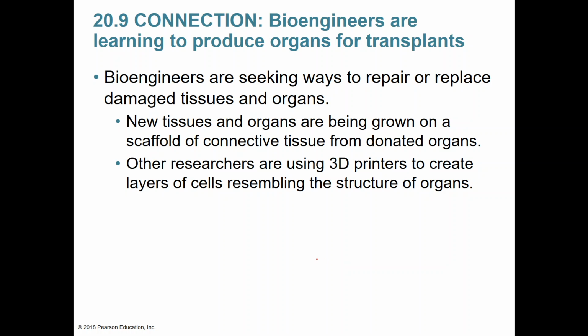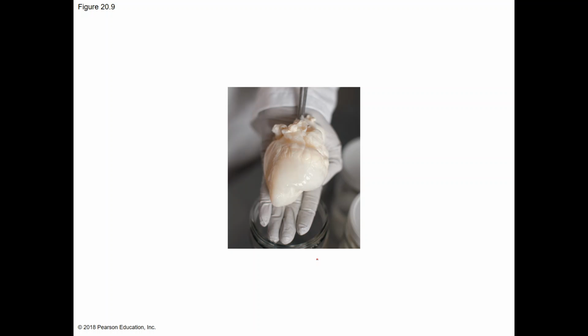There are some researchers who are studying whether you can use 3D printers to create layers of cells that resemble one another. And this is a picture of what's called a decellularized pig heart.